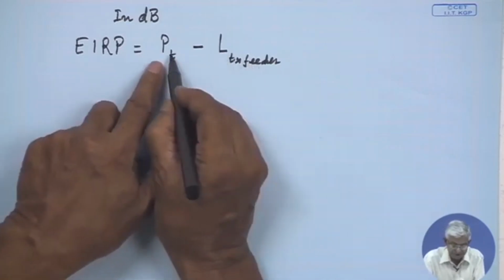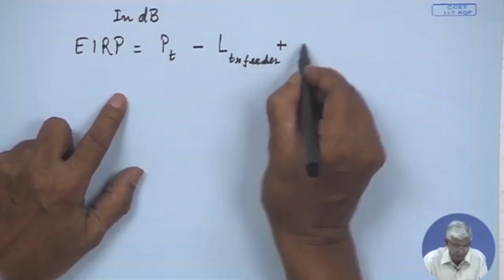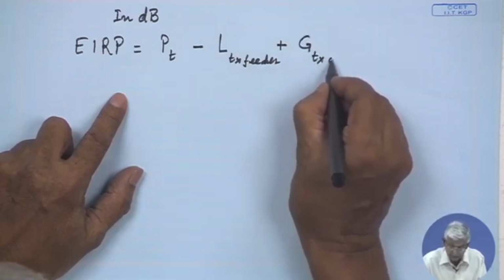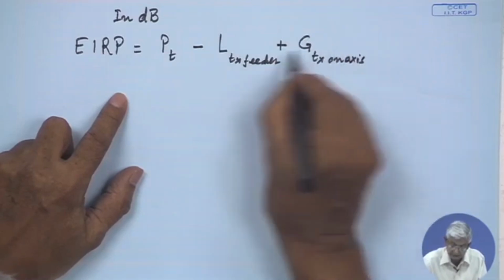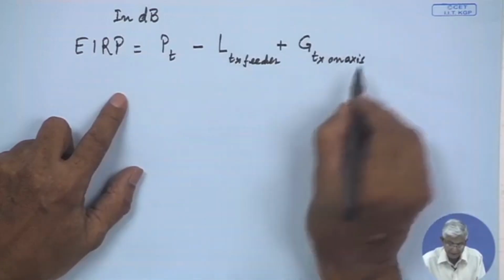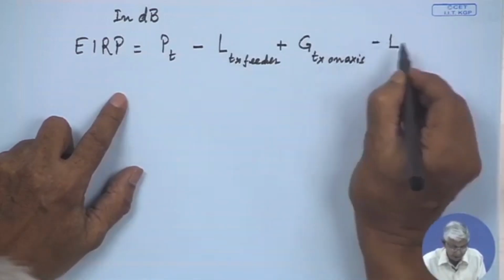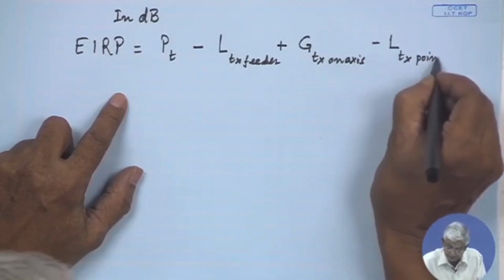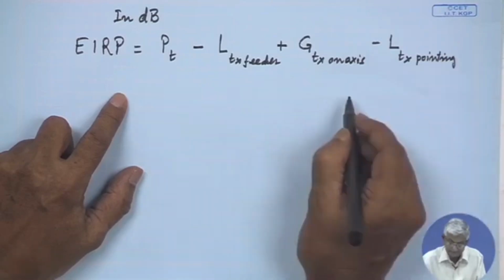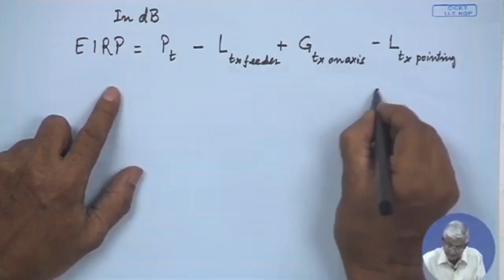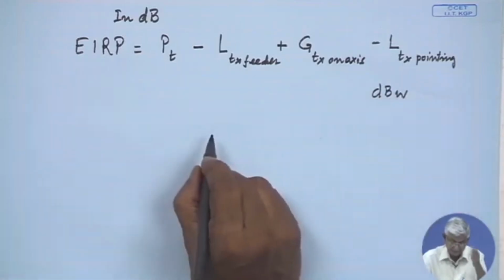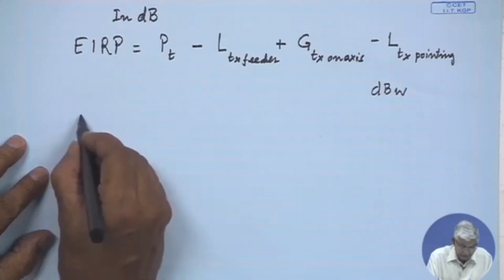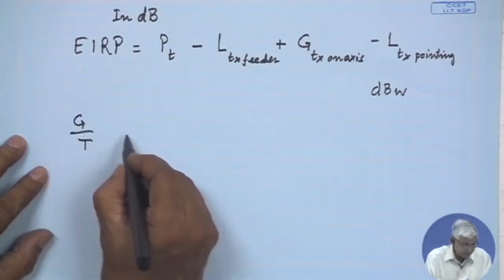So, actual power will be reduced from this, and then the G, that is the transmit antenna gain on axis or boresight, that is in the maximum direction, and of course it is reduced by the transmit pointing, or mispointing I should say. So, this unit is dBW, that characterizes the transmit side.